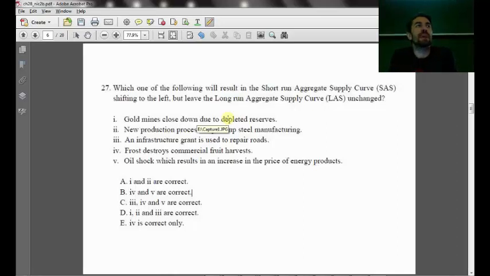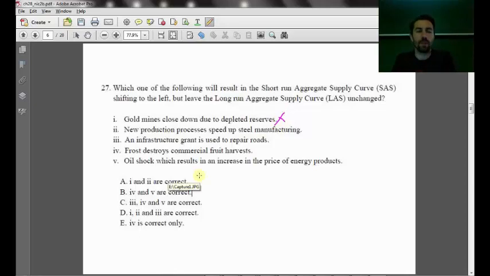A decrease in our productive capacity is a shift in our production function, or maybe even in our labor market. In the South African context, almost definitely going to have labor market effects as well. So number 1, that's going to shift the long run aggregate supply curve. Okay? So which of the following will result in a short run shift, but not a long run shift?